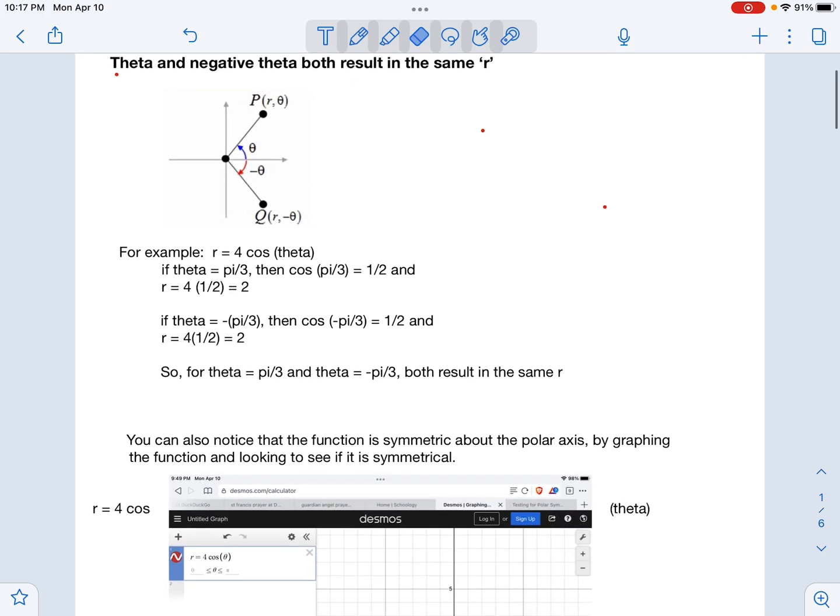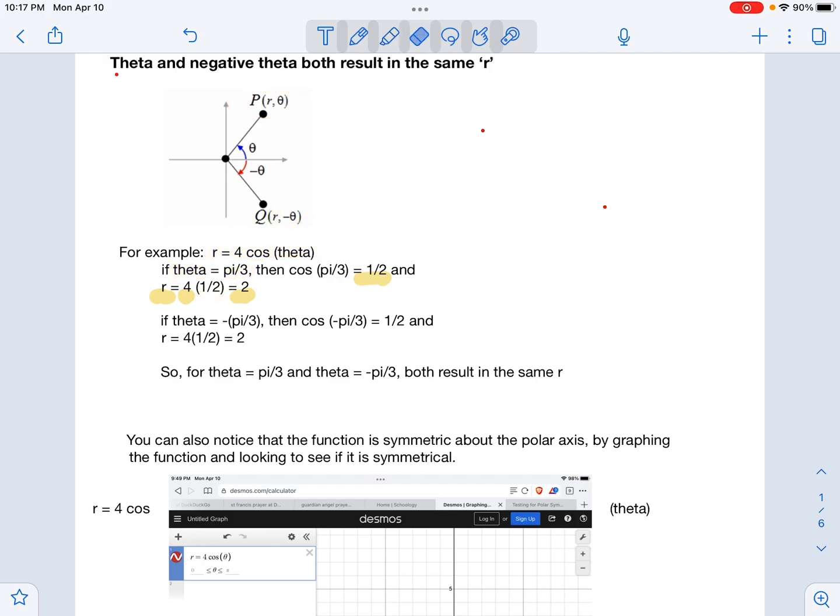For example, we can use the function r equals 4 cosine theta. If theta is pi over 3, which is approximately where this point is, then from our special triangles in the unit circle, cosine of pi over 3 is 1/2. So r is equal to 4 times 1/2, which is 2. Now let's try plugging in negative theta.